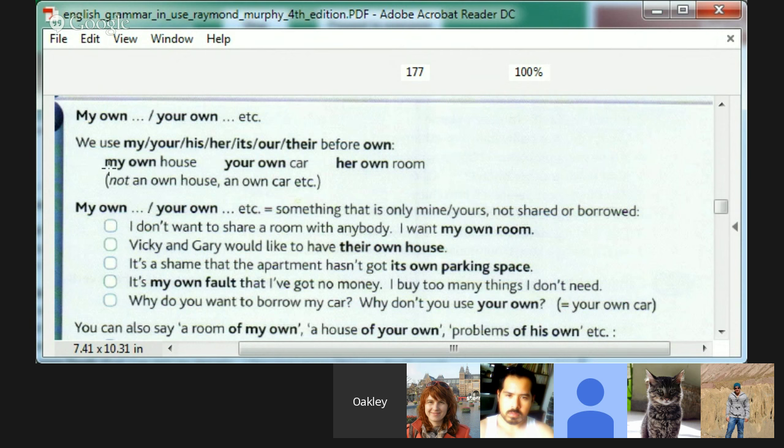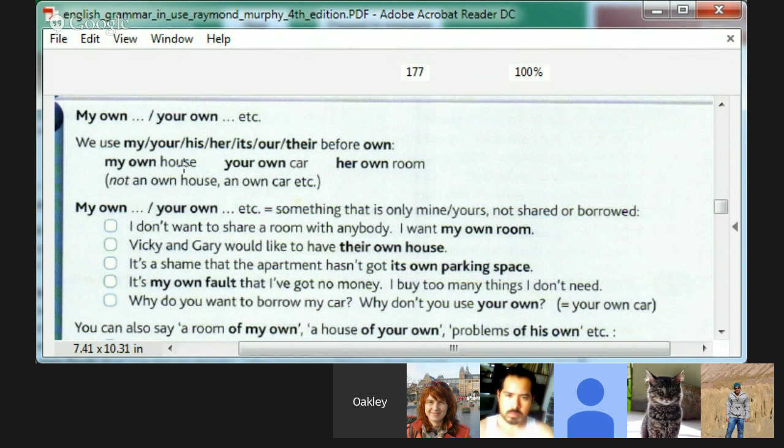We need to have what's called a determiner, but a determiner could be an article: a, an, or the. It could equally be a possessive pronoun. That works just fine. Or it even could be a quantifier, like numbers, one car, or like some cars, or a lot of houses.